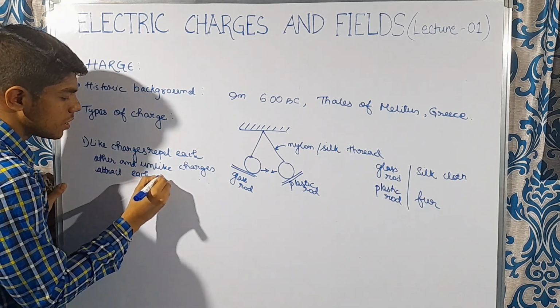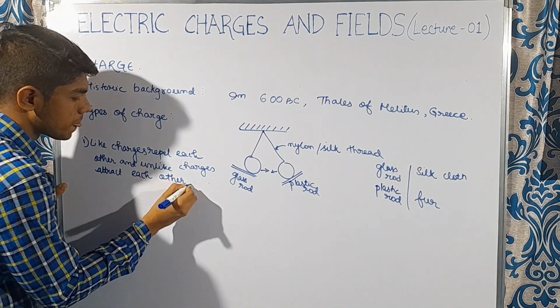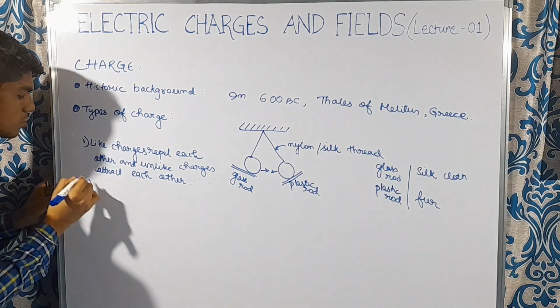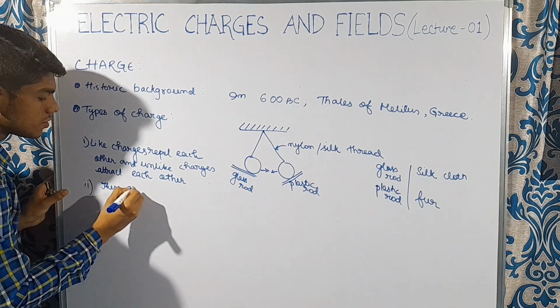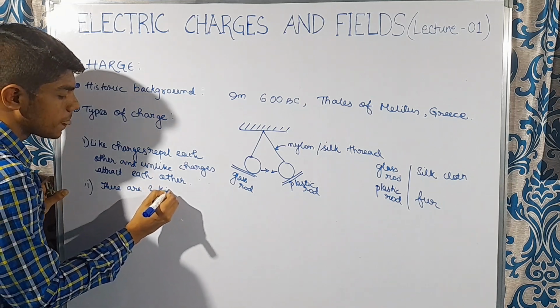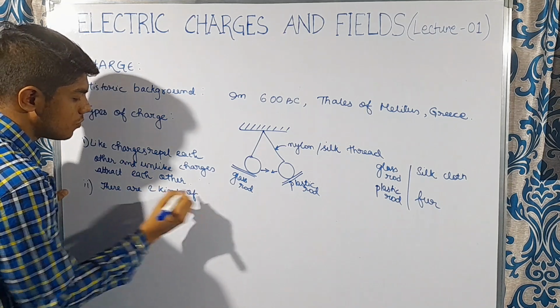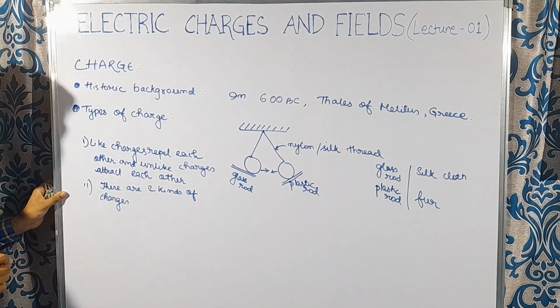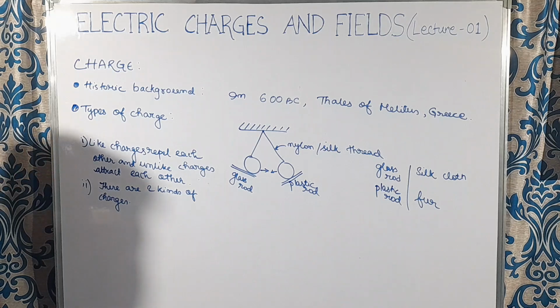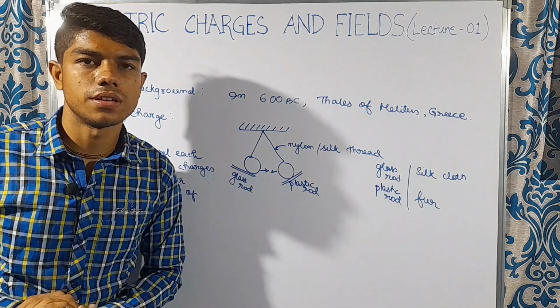And the second conclusion is that there are two kinds of charges. Okay, so these are the two conclusions that we can draw from this experiment.